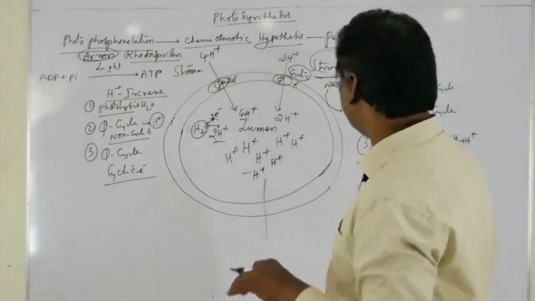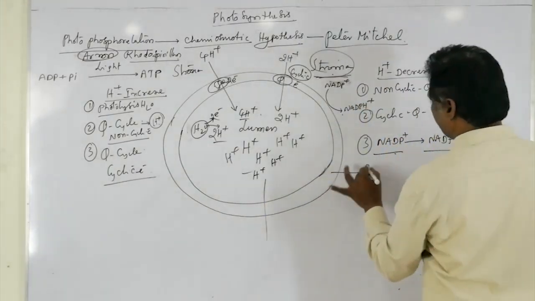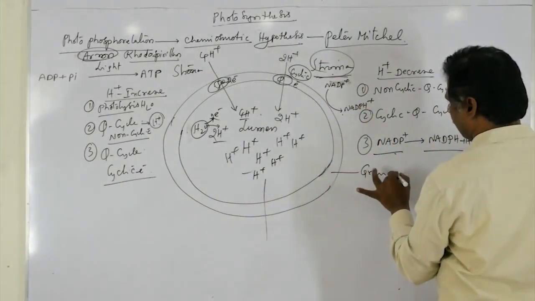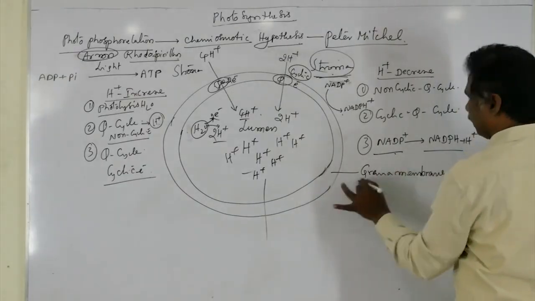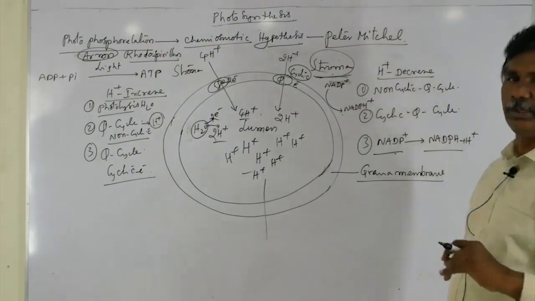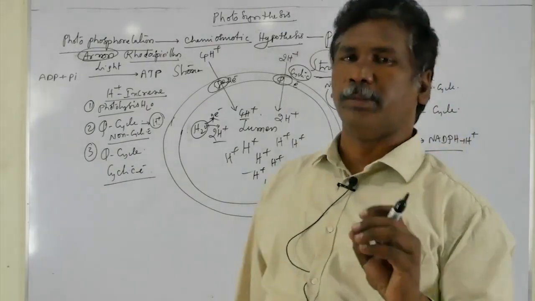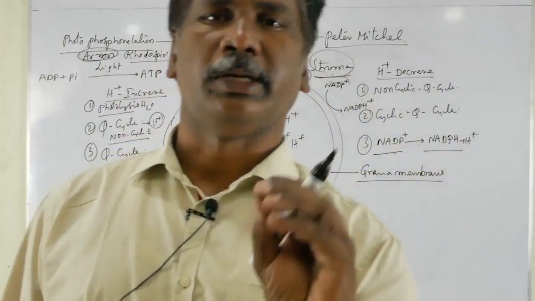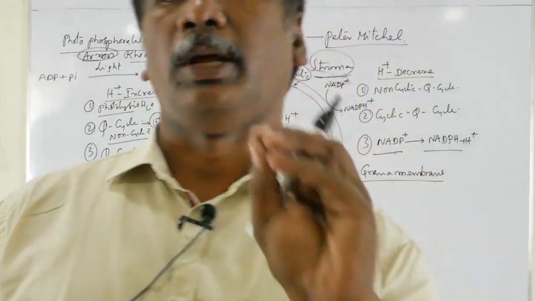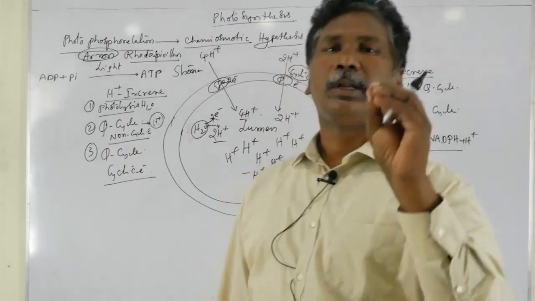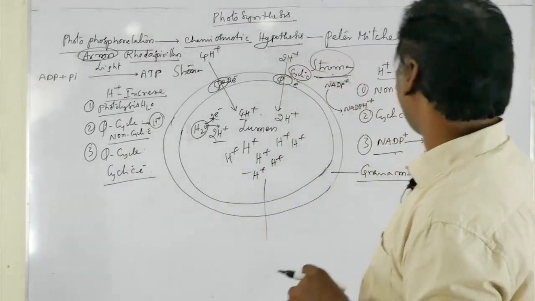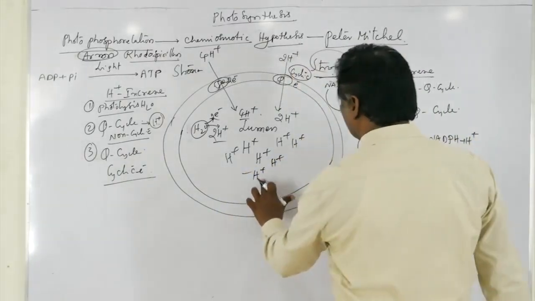But this thylakoid membrane, also called the grana membrane, is impermeable to the translocation of the protons from lumen to stroma.